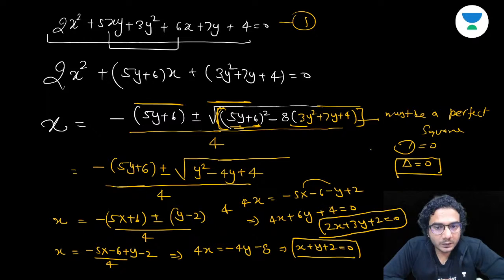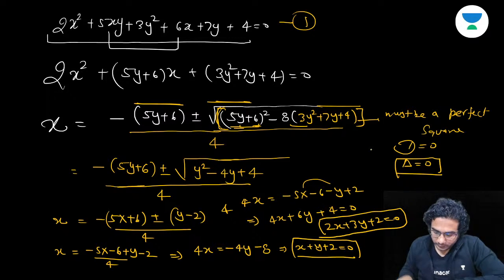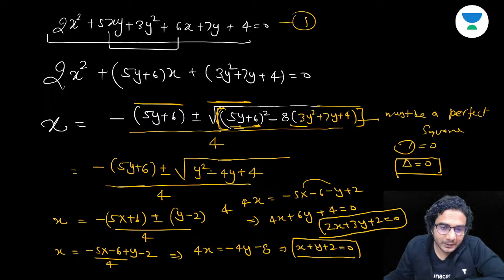Five x plus 6 whole square is 25 square minus 24, so it is y square, and then plus 60 minus 54 is plus 4y.